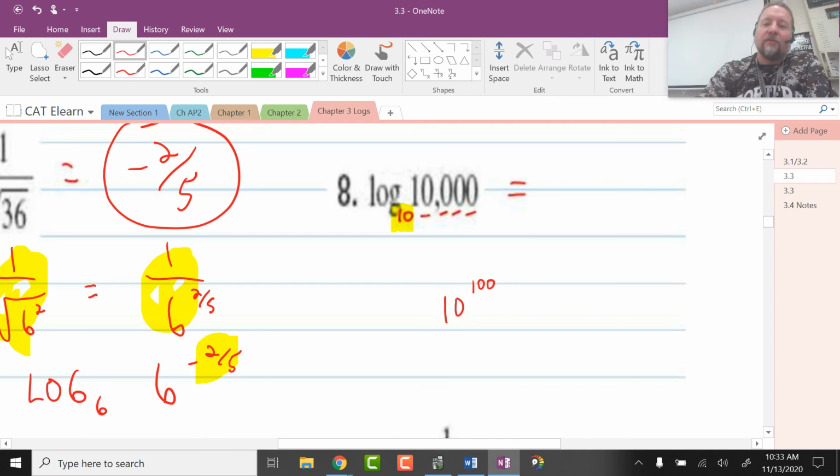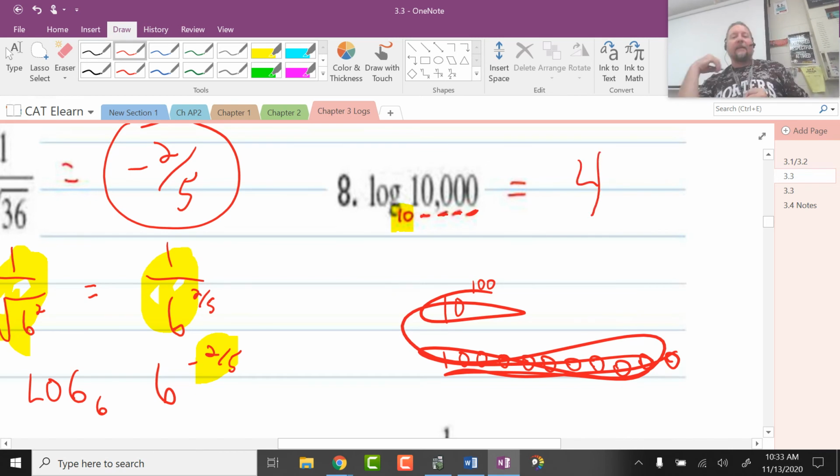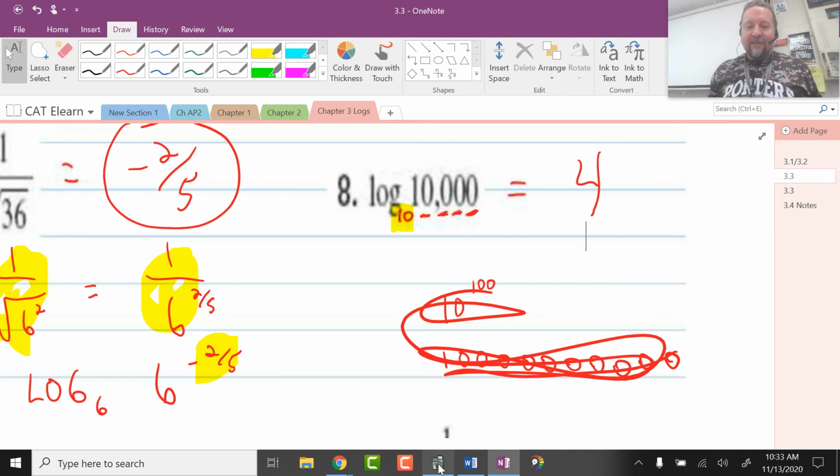That'd be off the charts. I'll give you a hint. That would be 1 with 100 zeros. That's what 10 to the 100 is. That should give you an idea what power on 10 gives me 10,000. Count the zeros. 10 to the fourth equals 10,000. So the answer is 4. Okay, searching for an exponent.